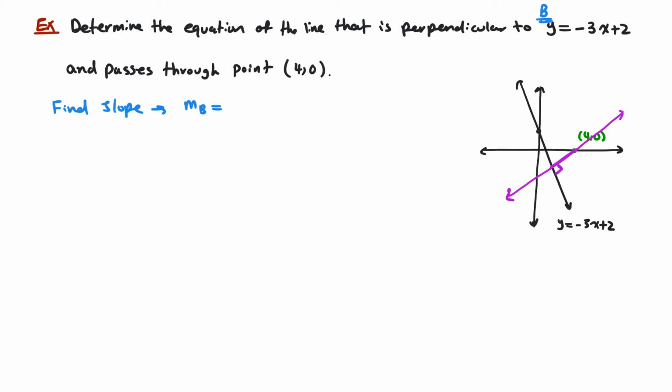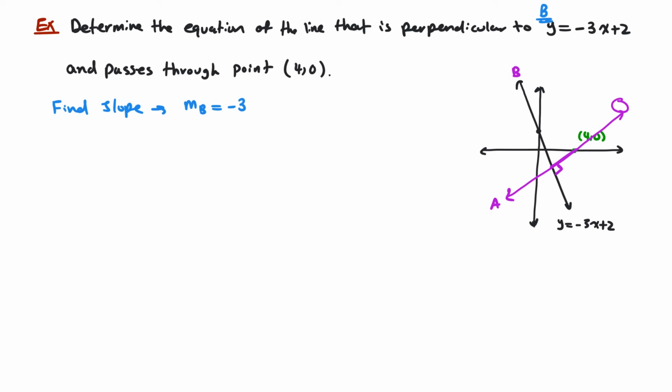This is line B, and this is our line, line A. So the slope of the line given to us, y is equal to negative 3x plus 2, will be negative 3 because that's the coefficient of x. So mB is equal to negative 3.